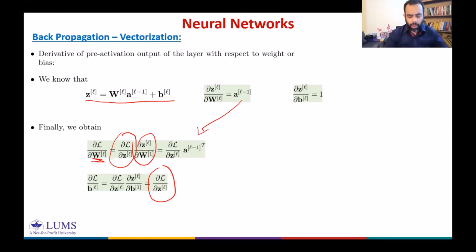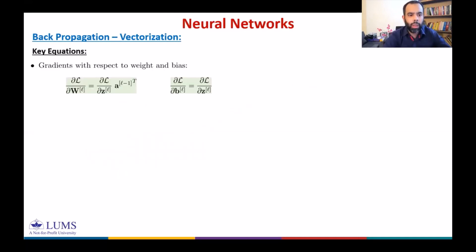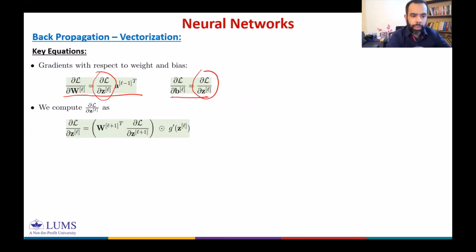If I sum all this together, the key equations for backpropagation in vector form are these two equations: the derivative of the loss function with respect to weight, and the derivative of the loss function with respect to bias. Both require the derivative of the loss function with respect to the pre-activation output, which we can compute recursively, starting from the final output layer and moving backwards.